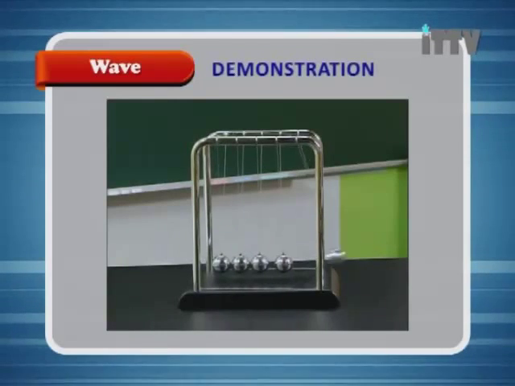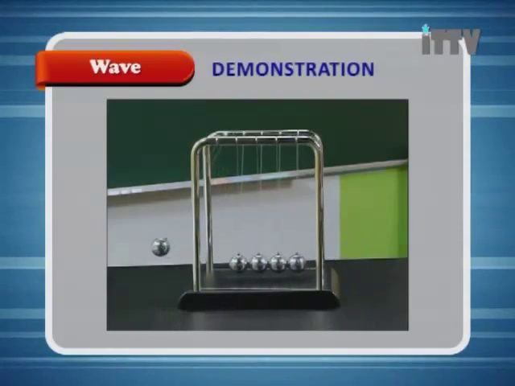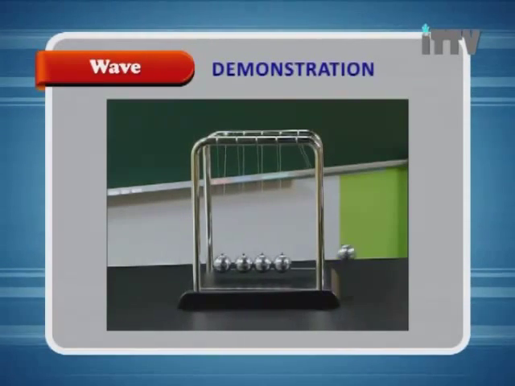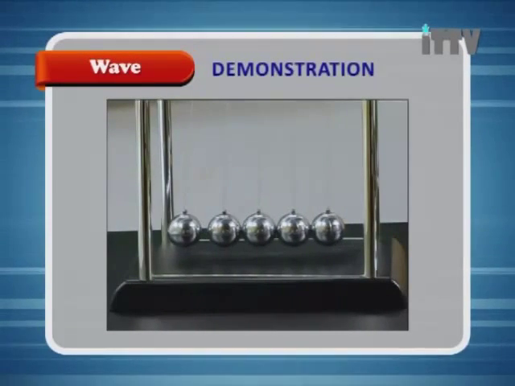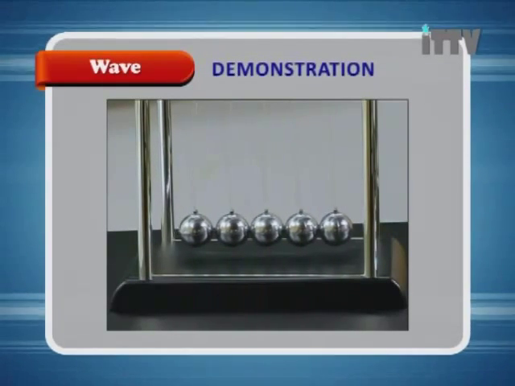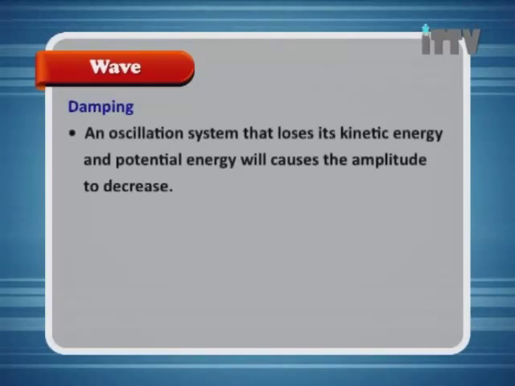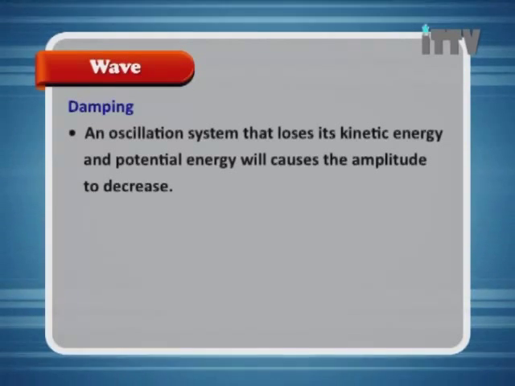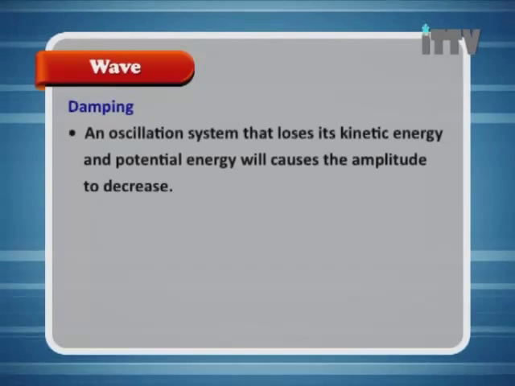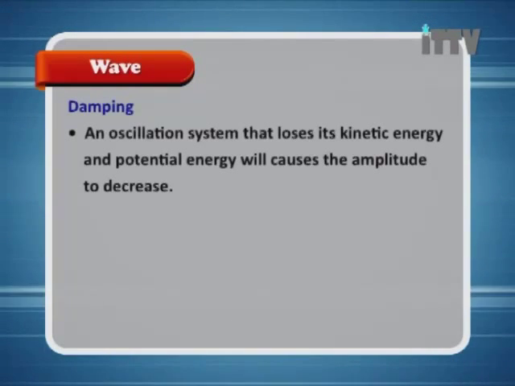So as you can see, a pendulum which is swinging, ultimately its amplitude decreases until it slowly but surely comes to a stop. An oscillation system that loses its kinetic energy and potential energy will cause the amplitude to decrease.